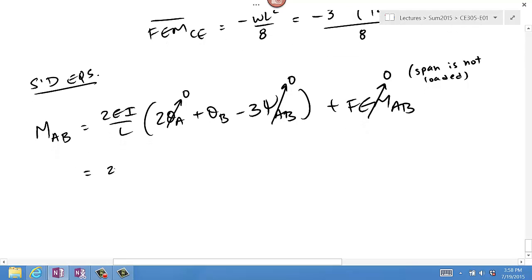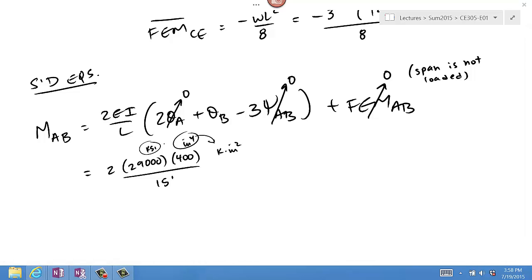So this will reduce to the following: 2 times 29,000, that's the E, the I is 400, over 15 feet. Now be careful with your units here, because this is KSI and this is inches to the fourth, so the total units here for the numerator so far is kip inch squared. Okay, that gives you that.